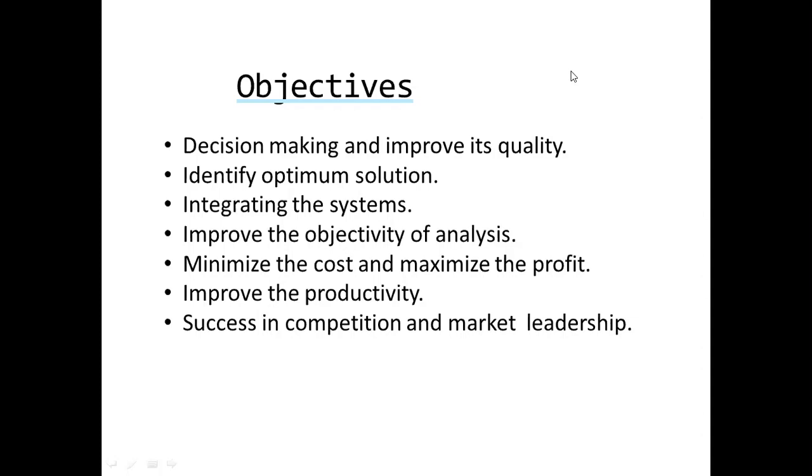With this, the organization also goes through success, growth and development, success in competition and market leadership. If we improve productivity, control the cost and always maximize the profit, it will also lead the organization to competitiveness.